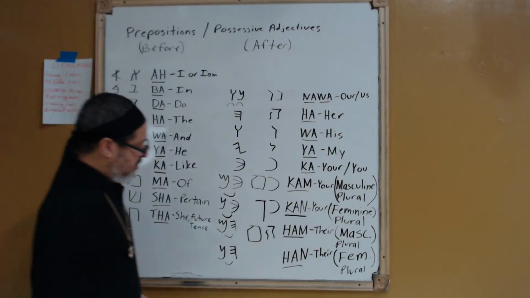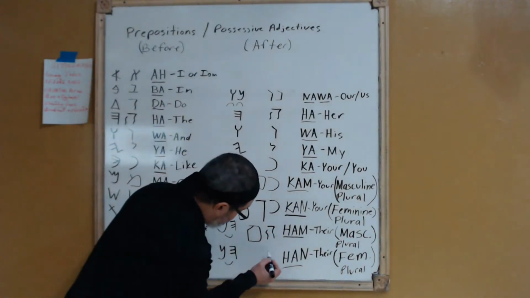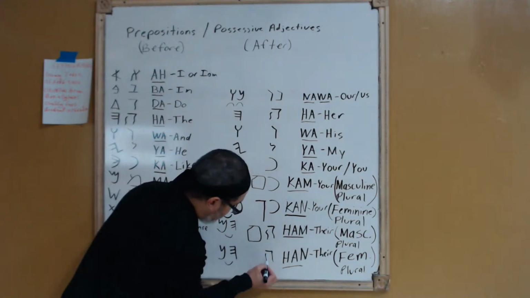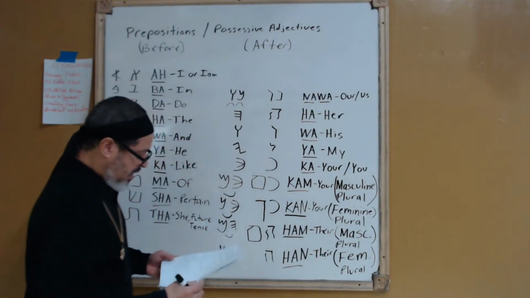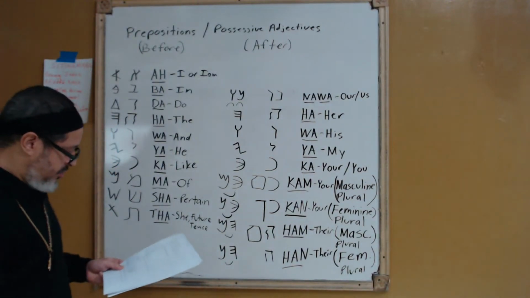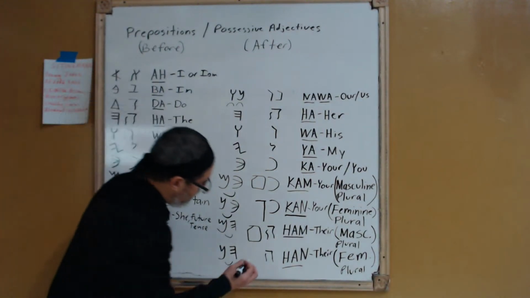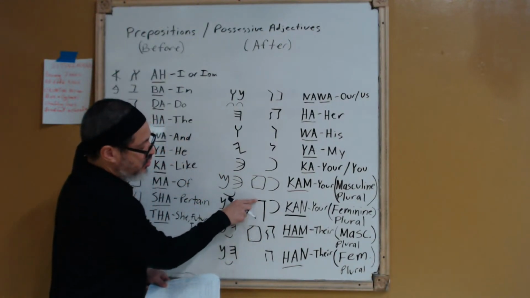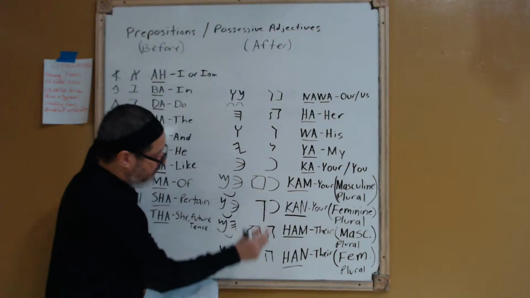And in the modern, got the ha. And then because this appears at the end of a word, it might look similar to this, but it's just shorter, the top part.